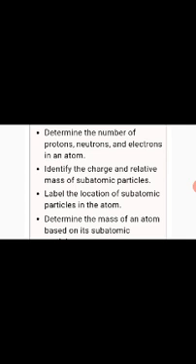The number of protons and the number of electrons are always equal. 2 protons means 2 electrons, and 2 protons represent its atomic number. So atomic number 2, the element is helium, right?